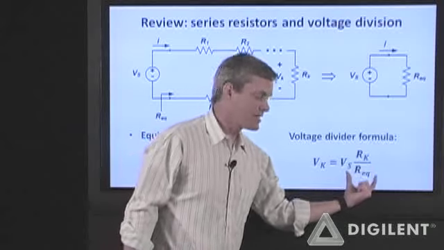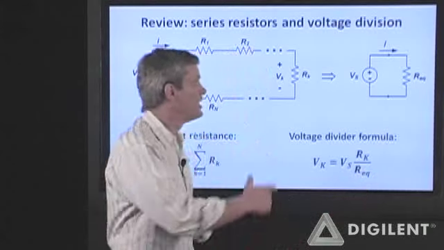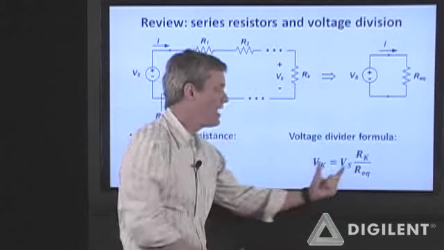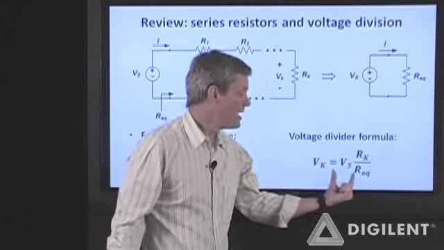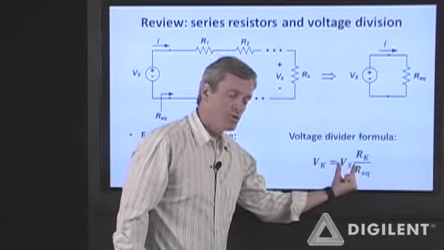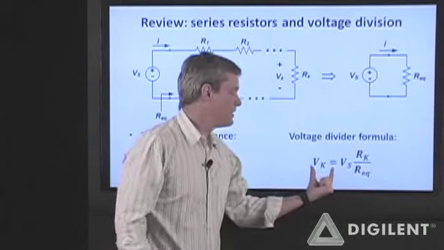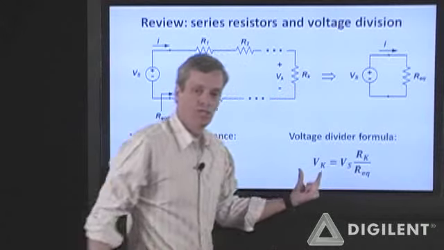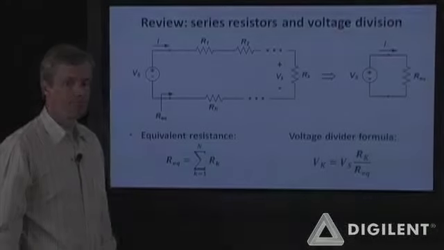So what I'm doing is essentially taking the percentage of the resistance that RK is to the total resistance and multiplying that by the total voltage drop to get the individual voltage difference across that resistor.